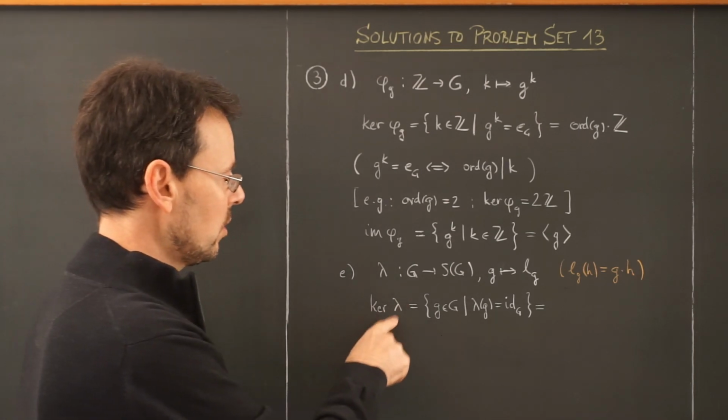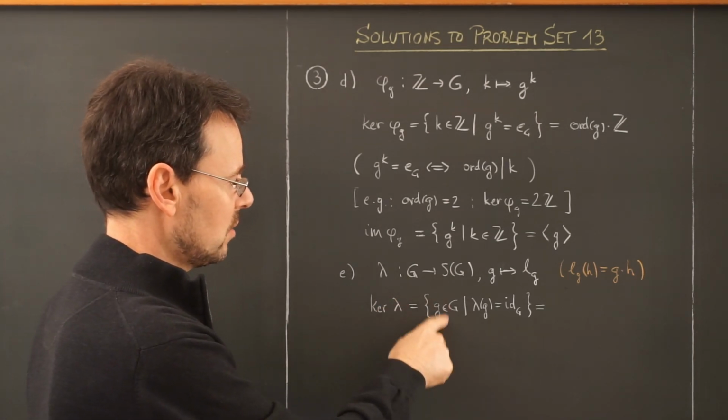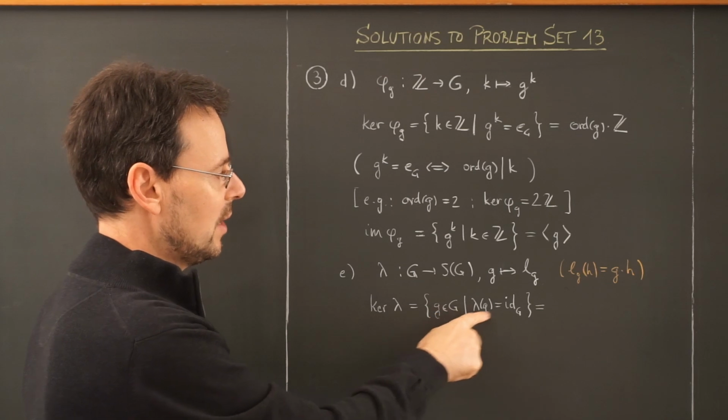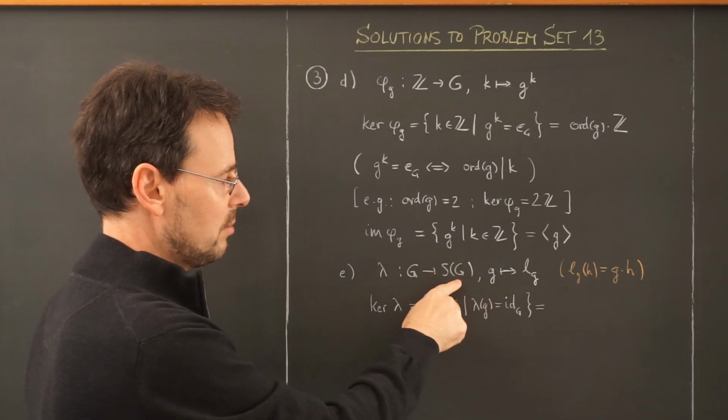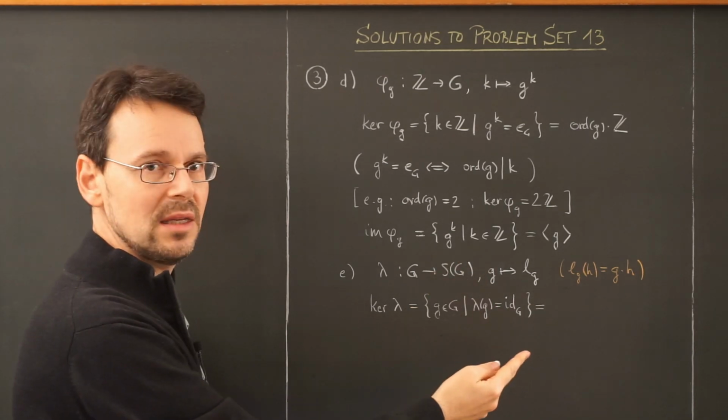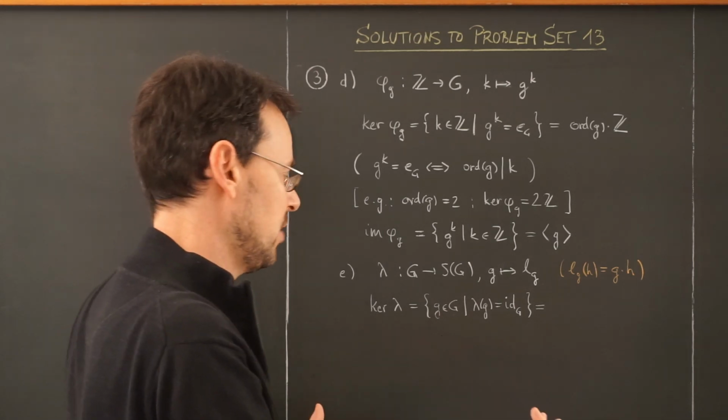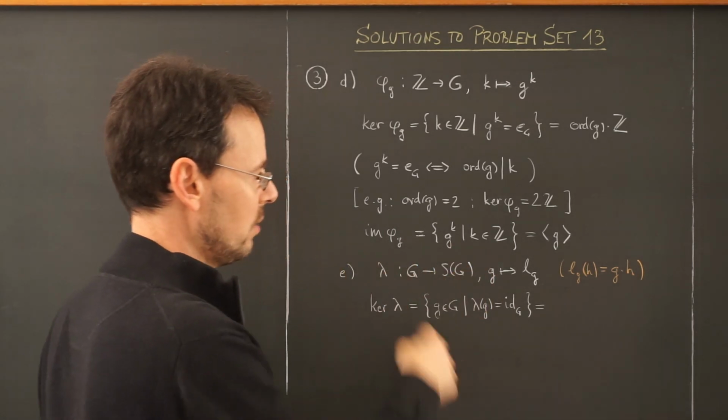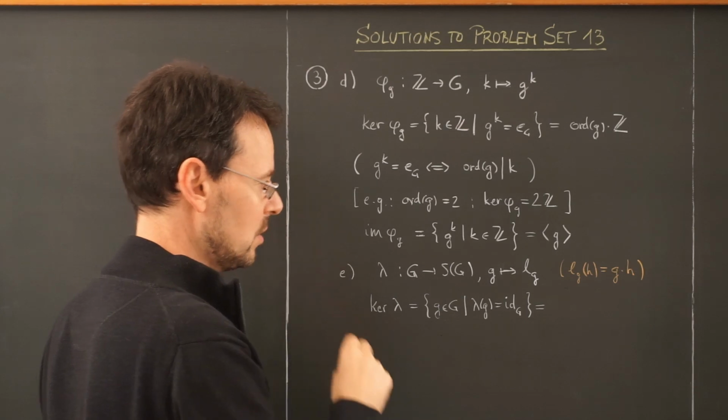Now, what is the kernel of this map? By definition, it consists of all elements here that get mapped to the neutral element here, but this is the identity. The identical map is a bijective map, which is the neutral element with respect to composition.